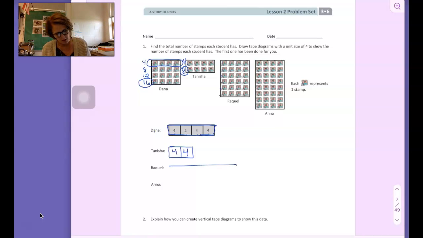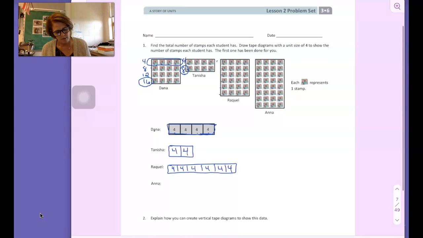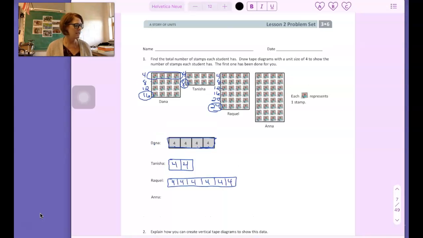So we're going to do hers 6 groups of 4, just like that. Let's go up and count by 4s. 4, 8, 12, 16, 20, 24. She has 24 stamps.